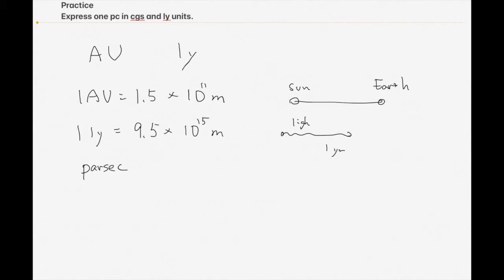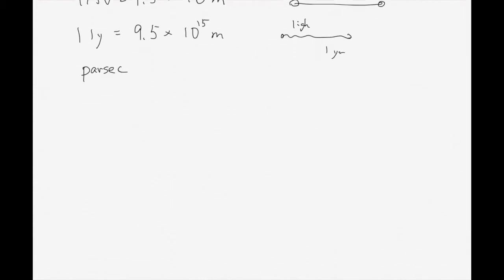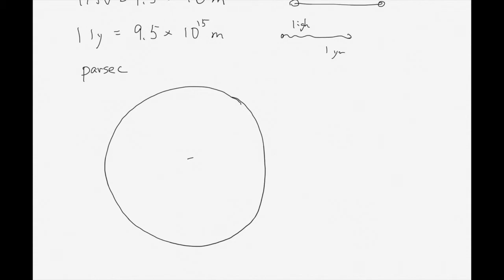Now let's consider the circular segment instead of the triangle. So we consider a circle and the circular segment. Circular segment has a circular arc.